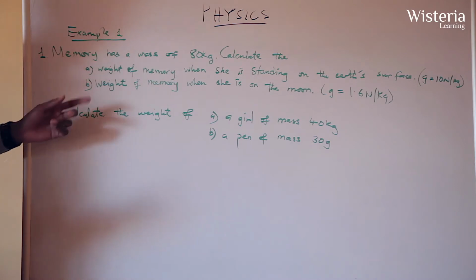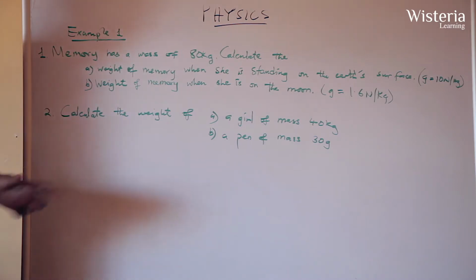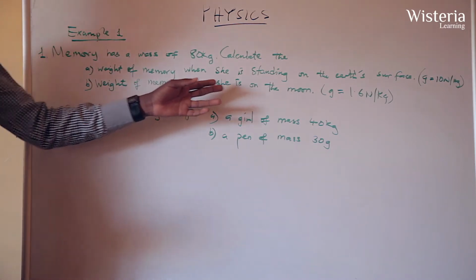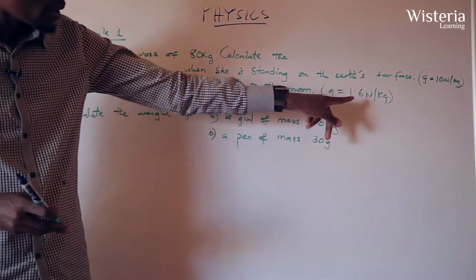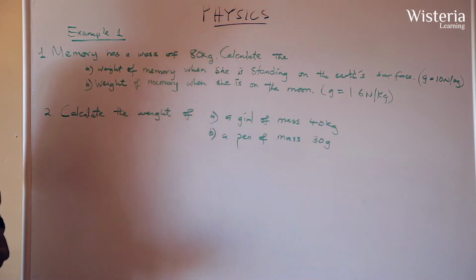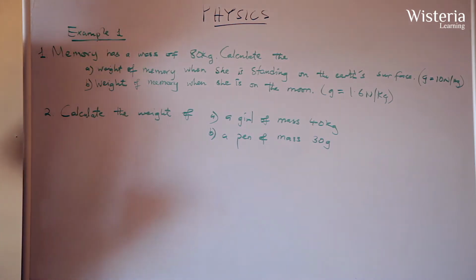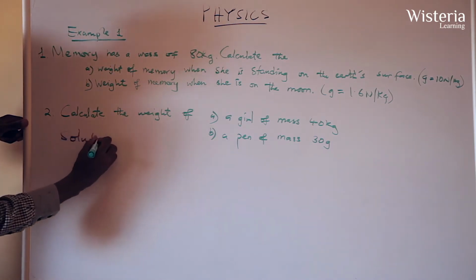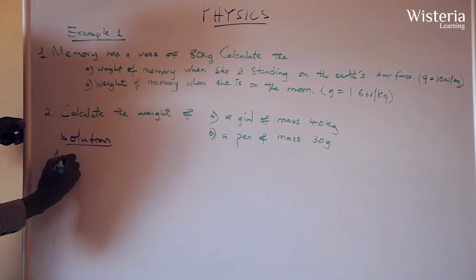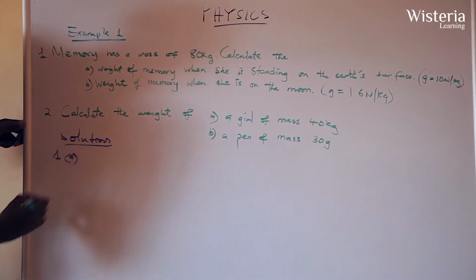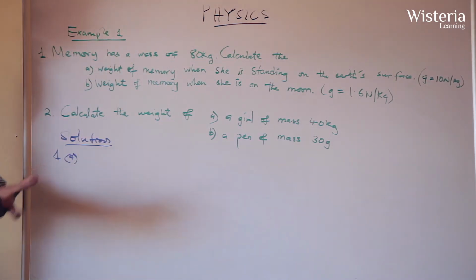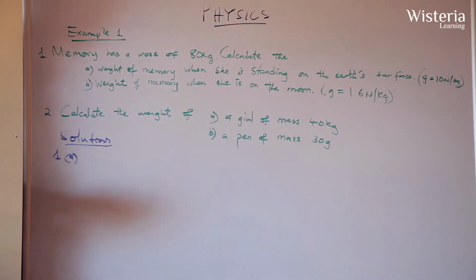And in B of the same question, we are calculating the weight of Memory when she is standing on the moon, where the gravity is 1.6. So, in order to answer the question, we write our solutions and say question 1a, and we need to get the variables that we are given in the question.